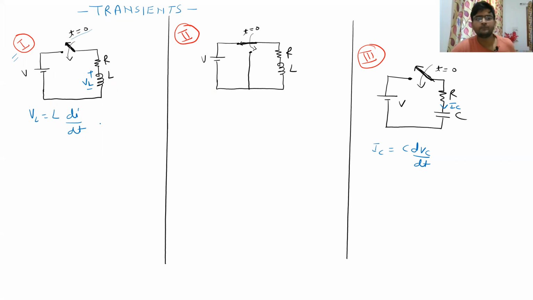So what will happen? Suddenly you close the switch, suddenly a voltage is going to appear across the combination of resistance and inductance, and so a voltage will start to appear across inductance. But since the current in this circuit, I, is not directly proportional to the voltage, but it is basically depending on the differential of this particular current with respect to time, this voltage VL across this inductor L is actually dependent on the current in the differential form.